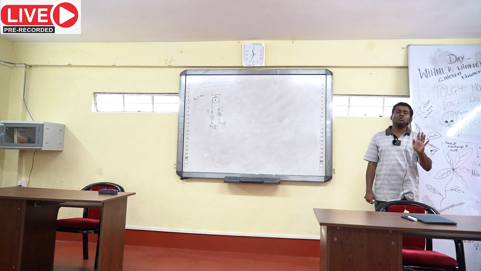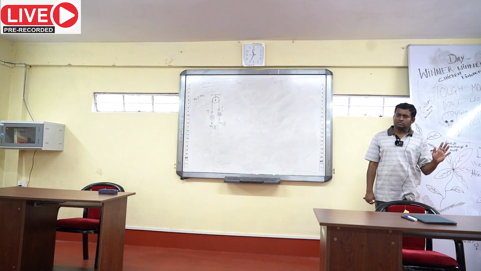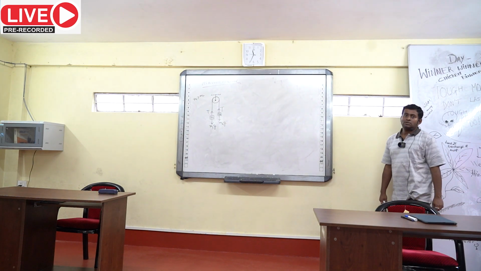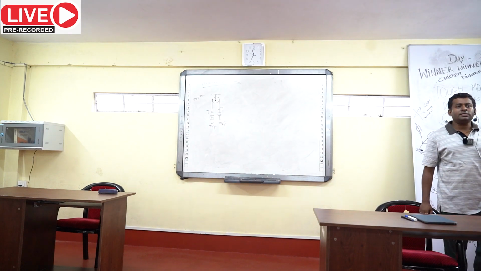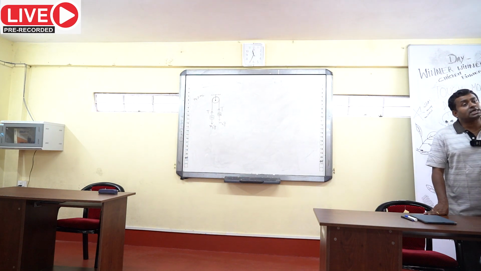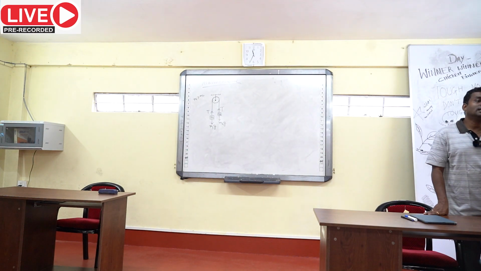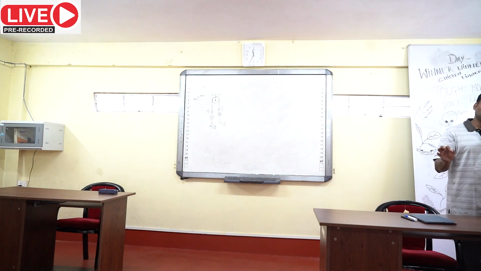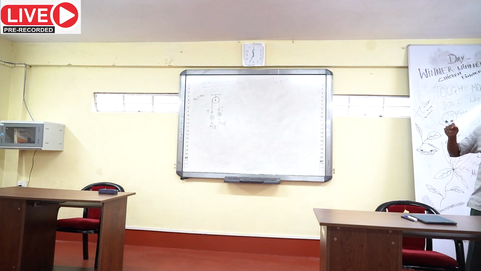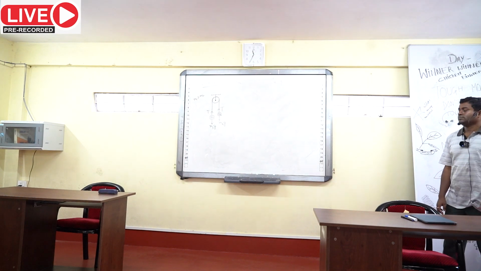String has no ability to push, only it can pull. Now, come to the point. Why is tension the same in magnitude on both sides? Because the string is given as massless. So that condition is fulfilled. That's why I write T the same on both sides.